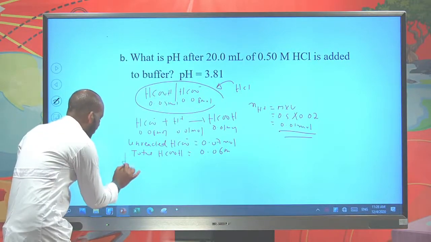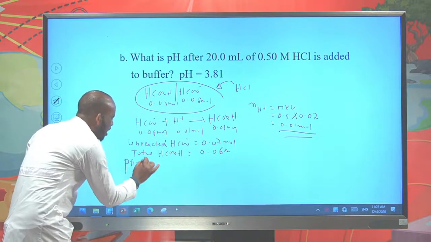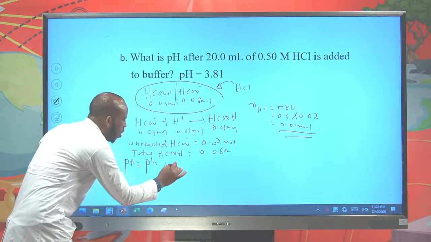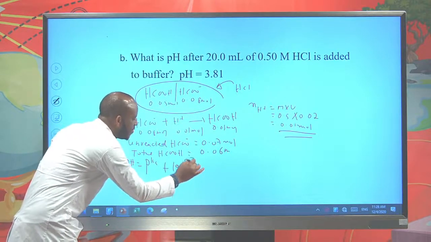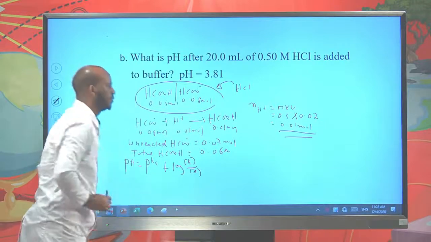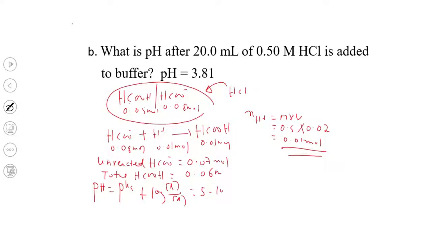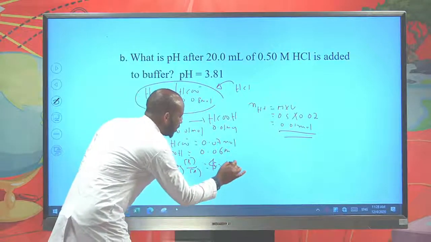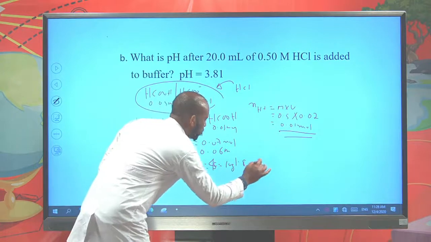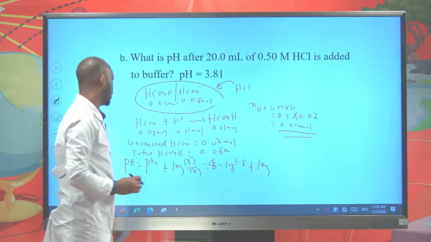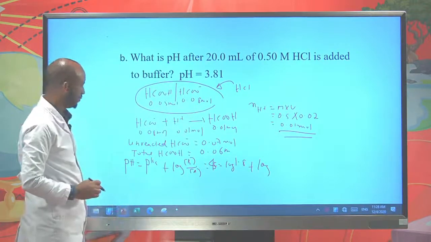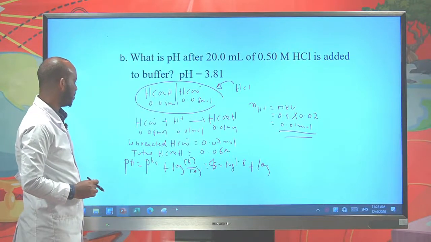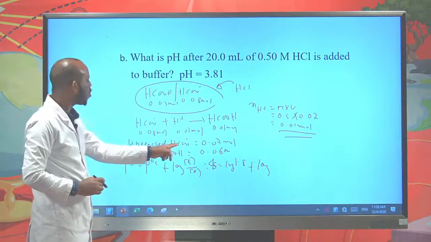Therefore, pH of this solution equals pKa plus log of base concentration divided by acid concentration, which is 4 minus log 1.8 plus log base over acid. The base is formate.